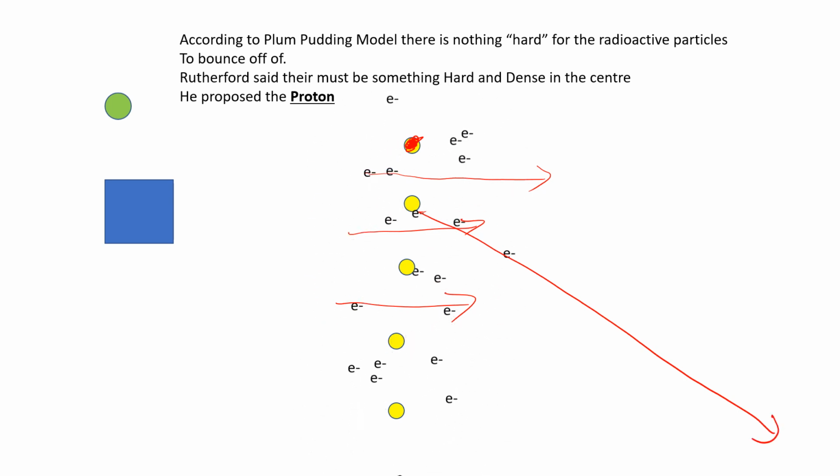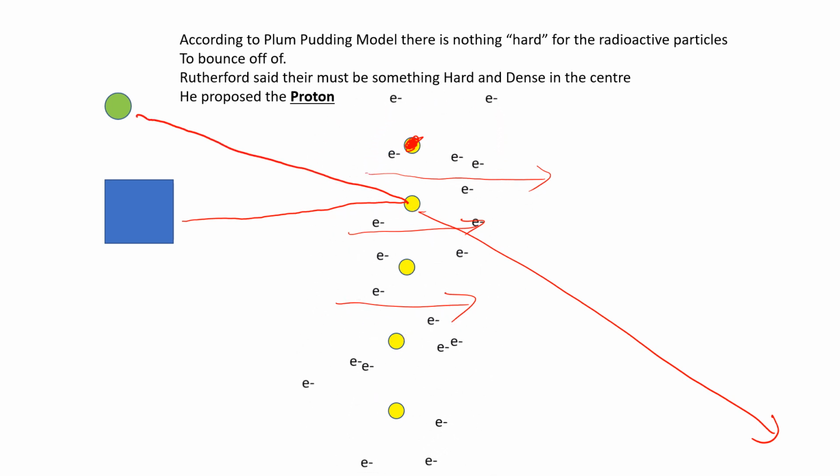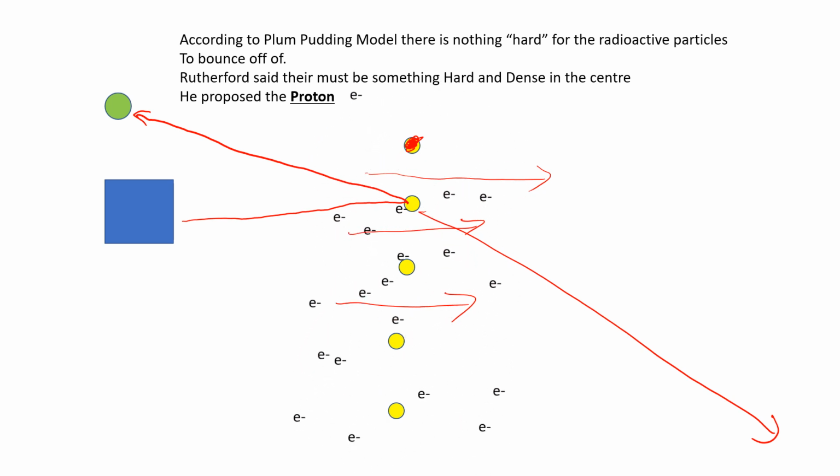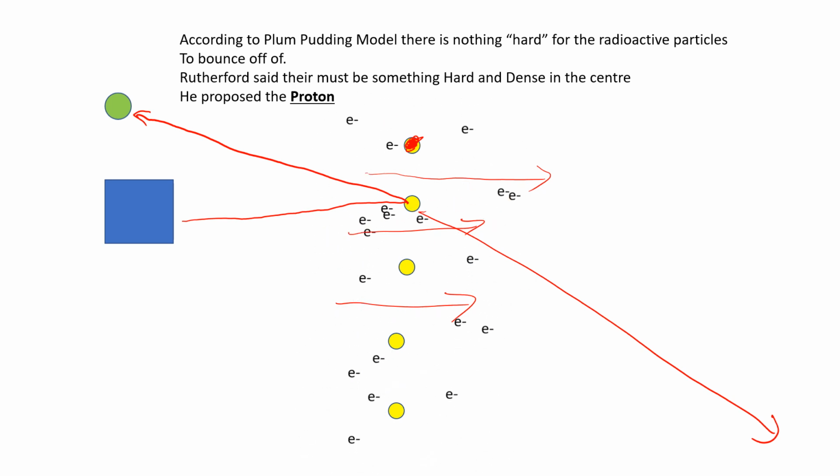And very occasionally, an alpha particle will hit it dead on and bounce backwards. And so this experiment proved that there was something hard and dense inside of it, and he said that hard, dense thing that was positively charged was called a proton. And so this is how Ernest Rutherford discovered the proton, through this gold foil experiment.